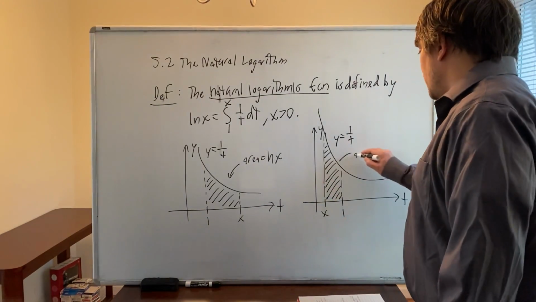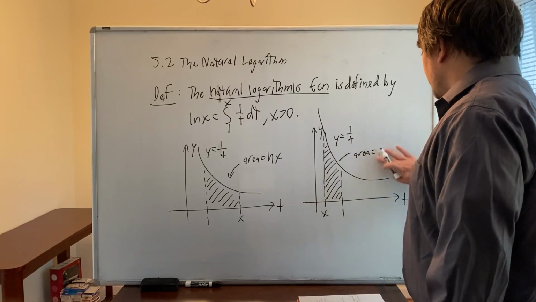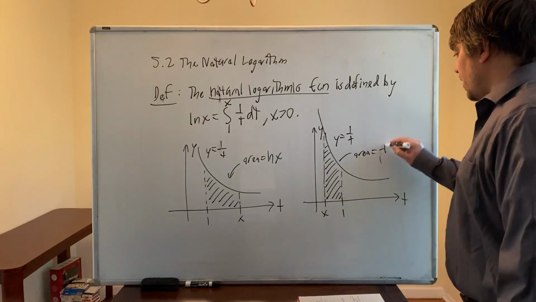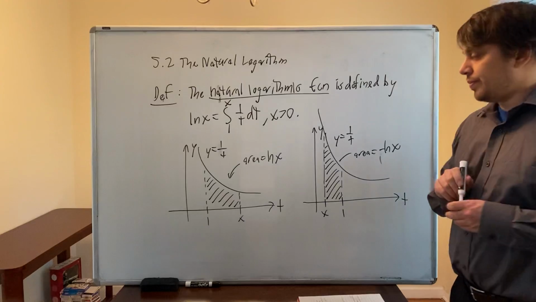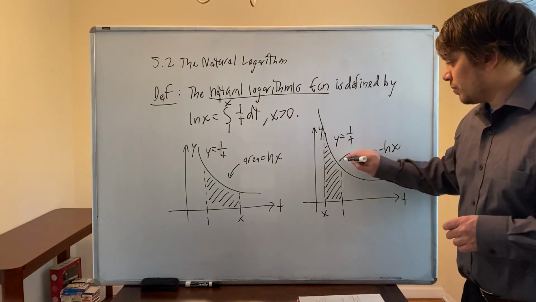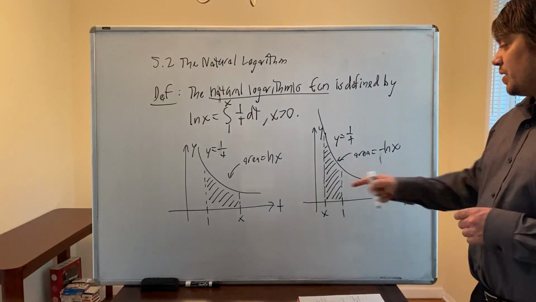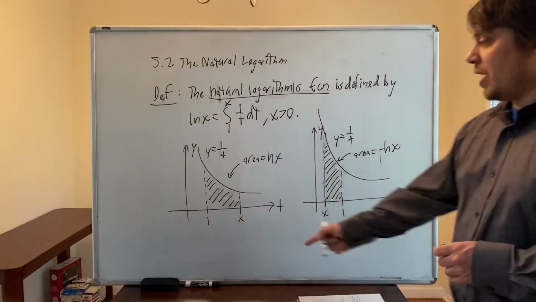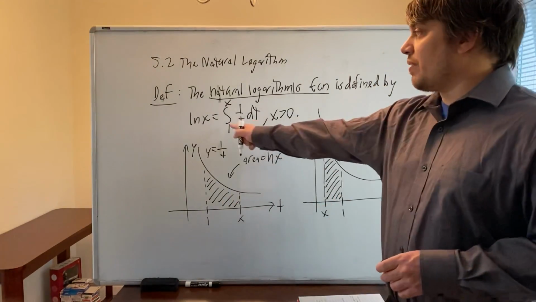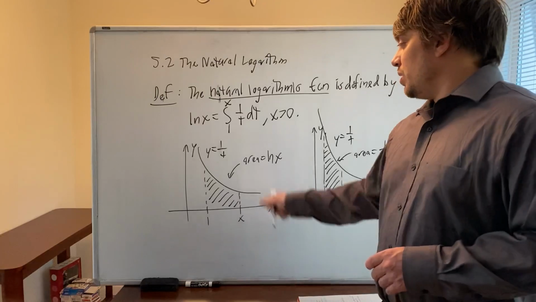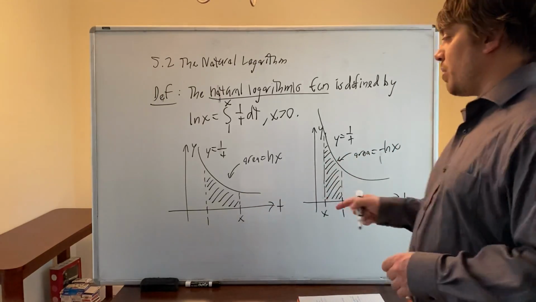And so that means that this area is negative ln of x. So that area is negative ln of x. This area is ln of x. It's the same definition. This equation is for both these pictures.